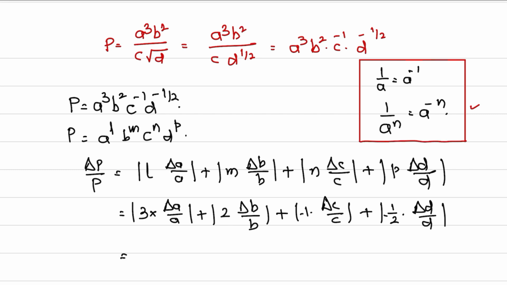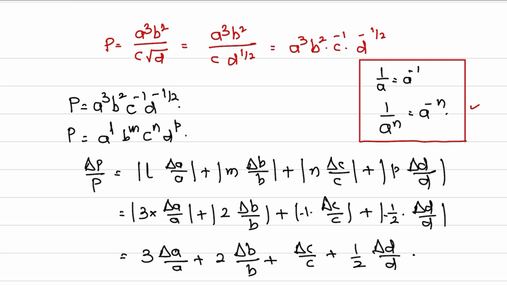And when you open the brackets, absolute value is 3 delta A by A plus 2 delta B by B plus, minus 1 absolute value is 1 only, delta C by C plus, minus half absolute value is half, delta D by D. This is the equation.